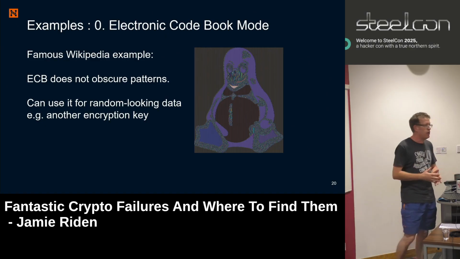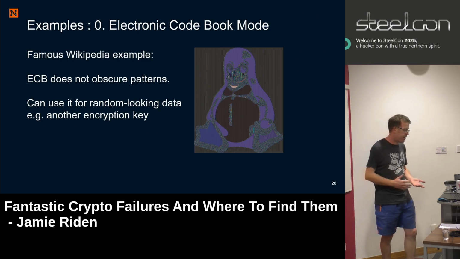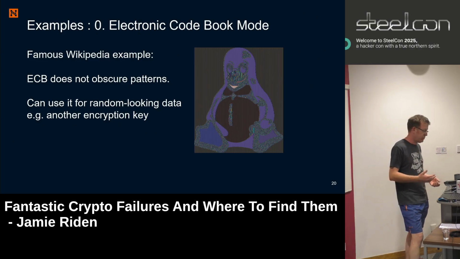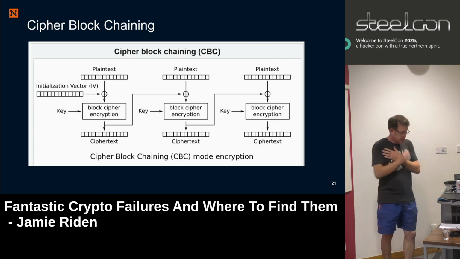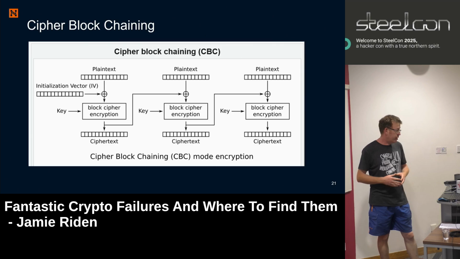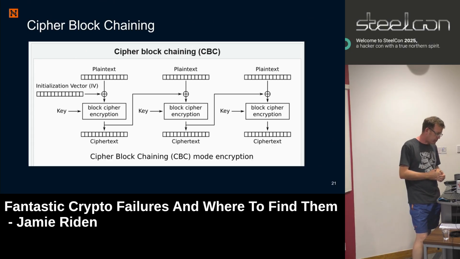The case where it is okay is if you've got a key encrypting key. If you generated some pure random data, then you can use that because it doesn't have any patterns that you might need to obscure. So the next thing to come along is cipher block chaining, where you feed in the input data again, as it were. This does destroy any patterns that were in the data. Now Tux the penguin just looks like noise, essentially.